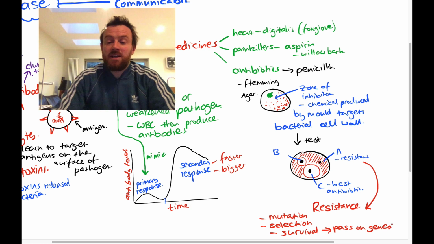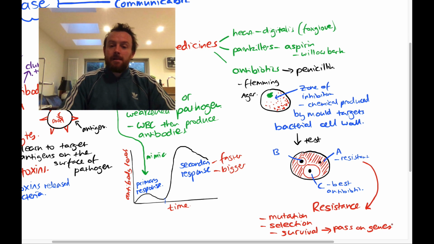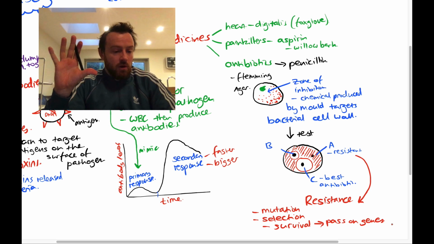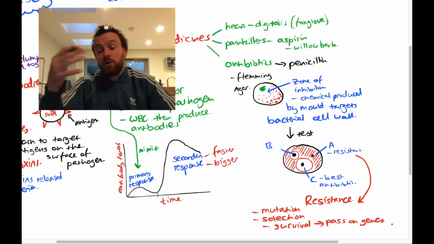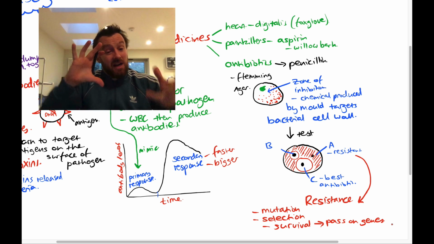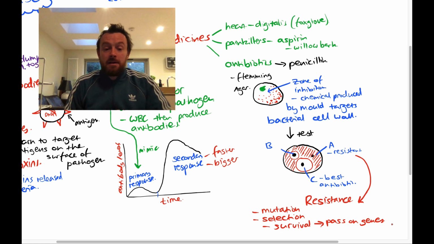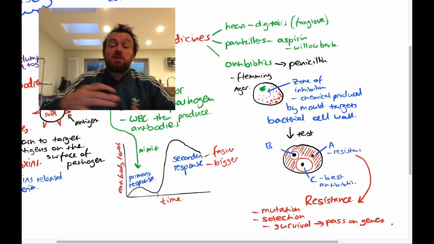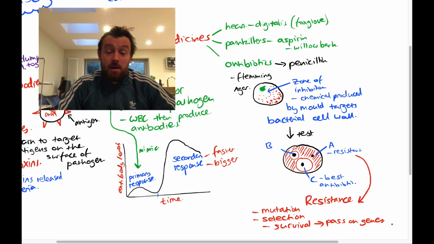Okay, so the bacteria mutates, the DNA changes, then there's some form of selection, because when we use antibiotics, all the resistant ones survive and the non-resistant ones die. So essentially we're selecting the ones that are resistant, and then those resistant ones copy themselves, grow, and pass on the genes to the next generation. Okay, so that's a bit about antibiotic resistance.